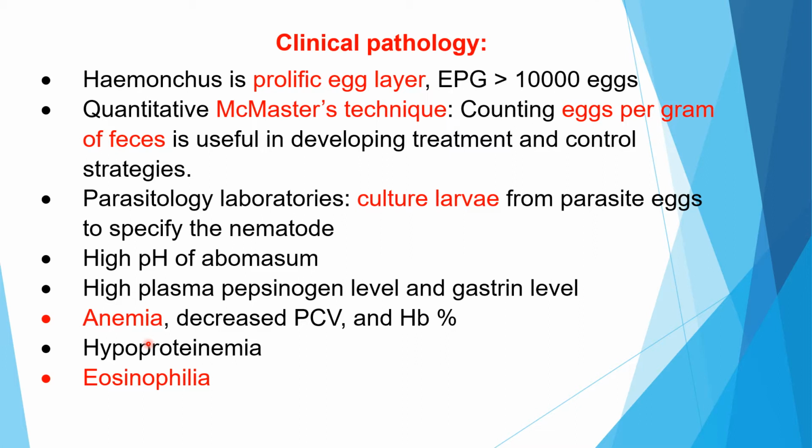So from the degree of anemia, you can diagnose the worm burden. There is decreased packed cell volume and decreased hemoglobin percent. There is a decrease in protein level also, hypoproteinemia, and that results in anasarca, accumulation of edematous fluid in various parts of the body.